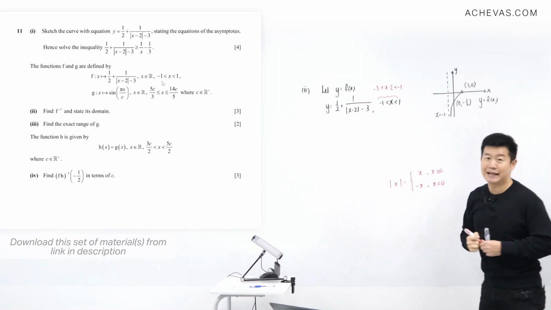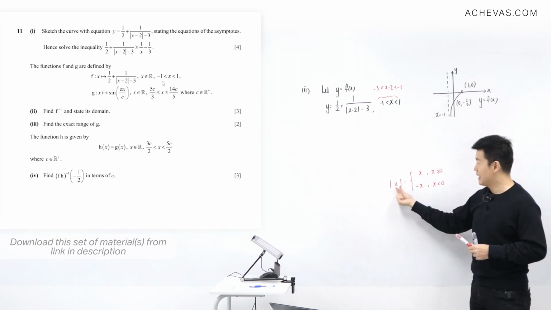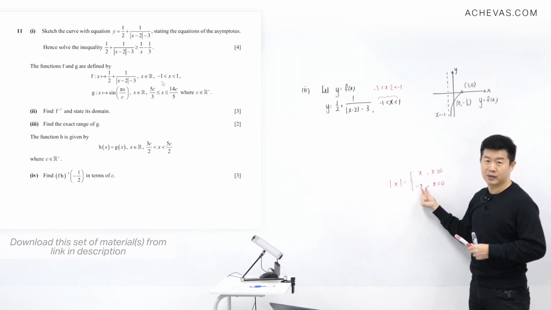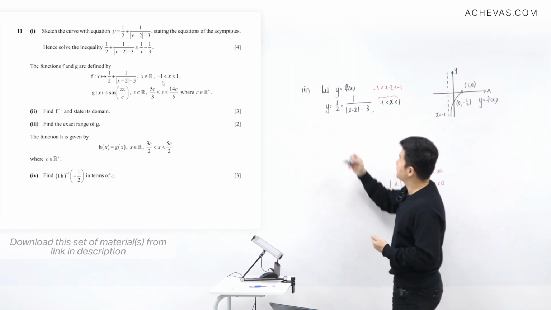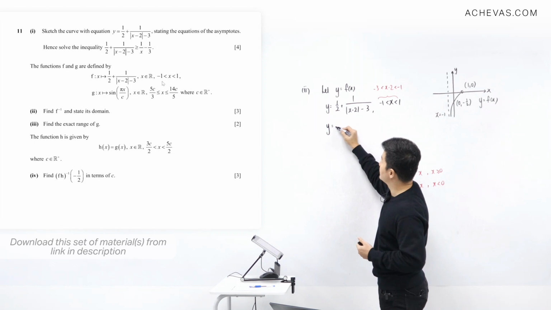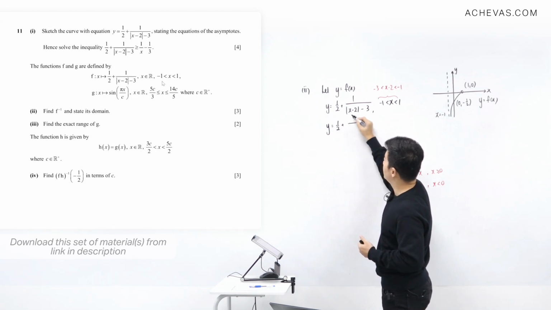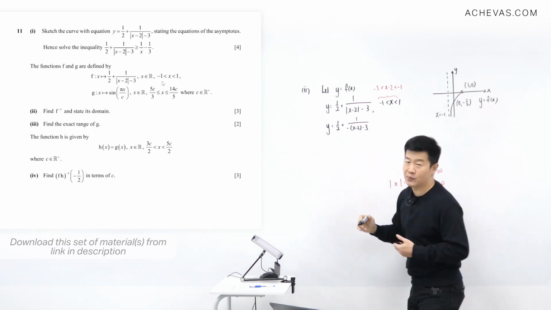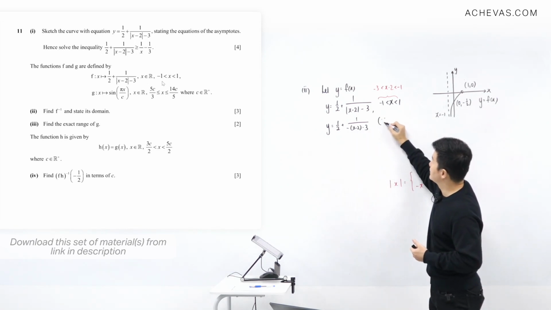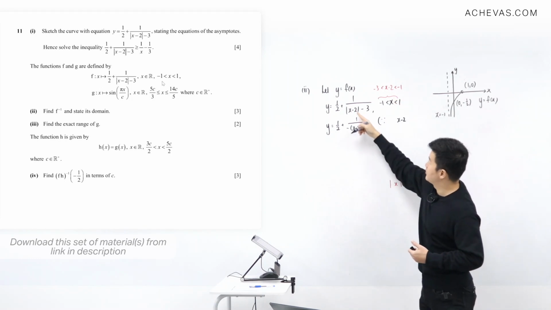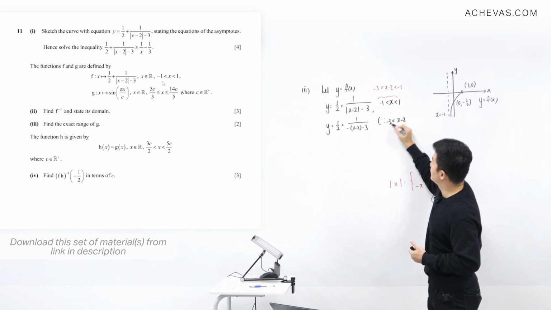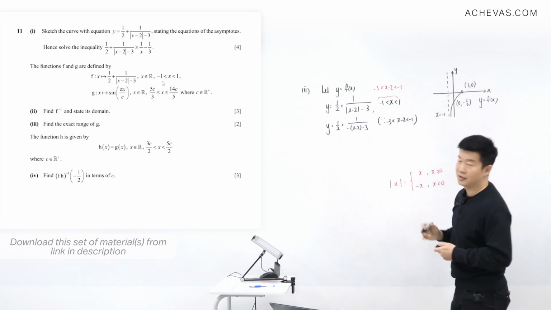So x minus 2 is a negative number. If it is a negative number, we're going to add a negative to it through the modulus function. So this y is going to be equal to 1 over 2 plus 1 over negative of x minus 2 minus 3. And this is because we have decided that x minus 2, this expression that is inside, is actually a negative number.